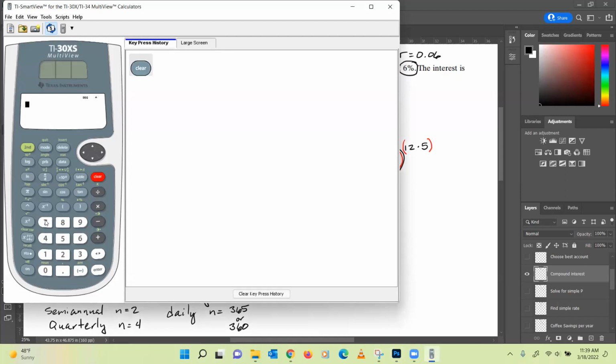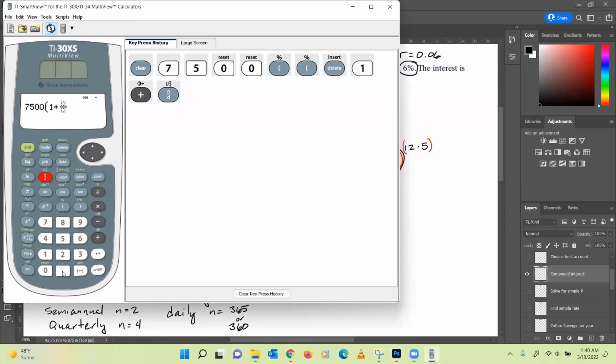So with this TI-30XS, and the one I'm using on my desk is the 36X Pro, looks very similar, but let me show you how I would enter this one. We've got our 7,500, and then I can type an open parenthesis, 1 plus, and I've got this fraction option that allows me to enter the 0.06 up above, and then I hit the down arrow to get into the denominator, and I'm going to hit 12 there, and then the right arrow to get out of the fraction.